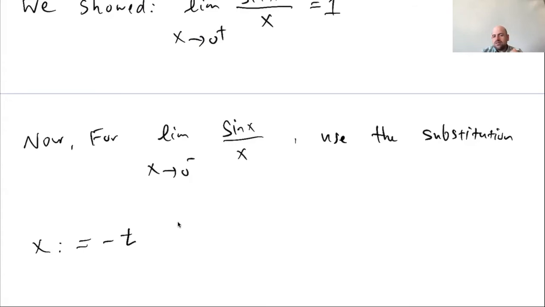When you use substitution, let's say you have a limit in terms of x and you want to switch from x to t, then you have to rewrite the whole limit in terms of t.